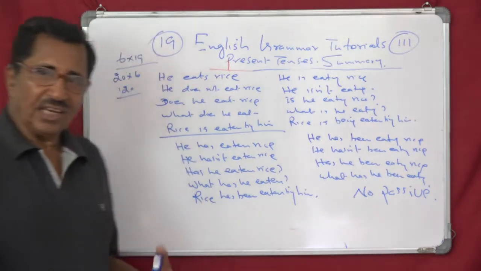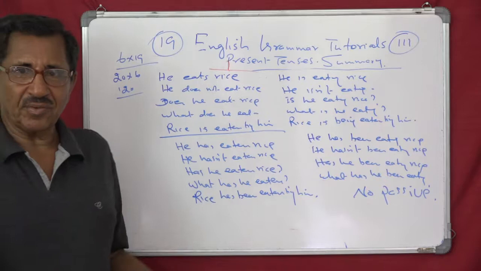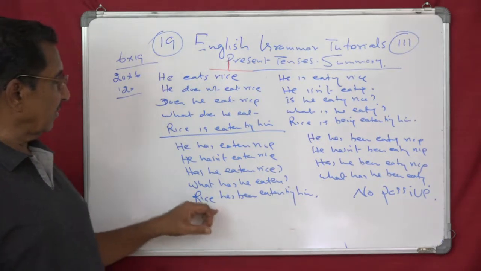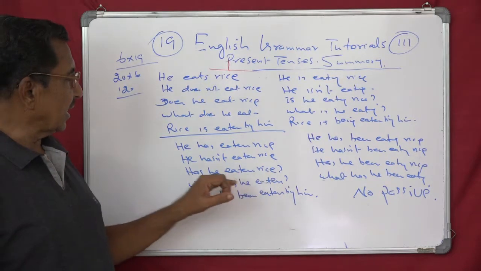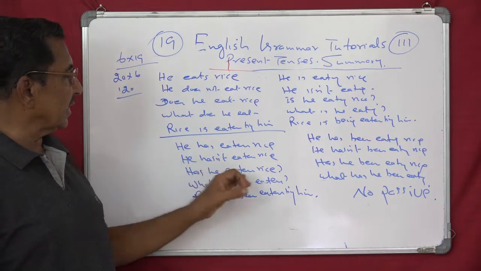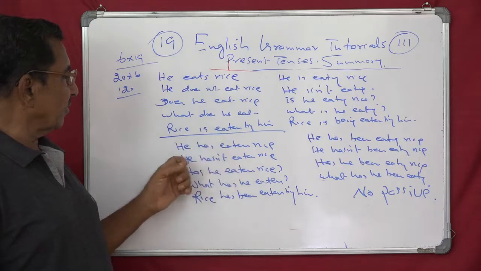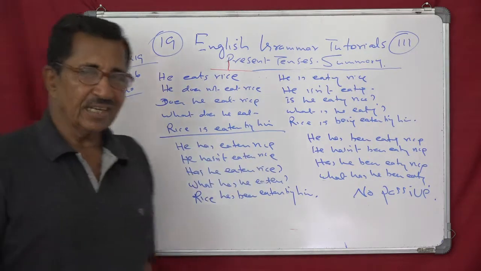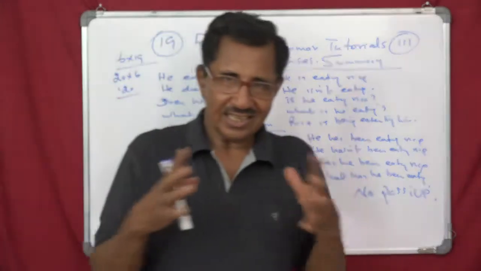So if you know the relationship like this, it becomes very easy. Also, you can see rice has been eaten by him. That can be converted into what has he eaten. That can again be converted into has he eaten rice. That can again be converted into he hasn't eaten rice or he has eaten rice. And again he has eaten this. So they are connected.